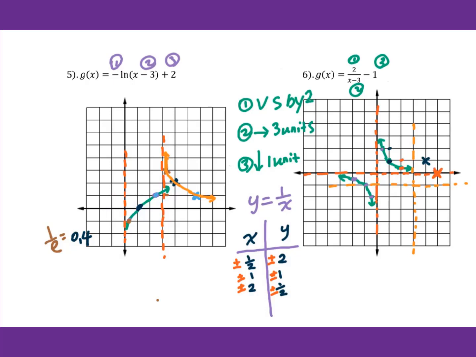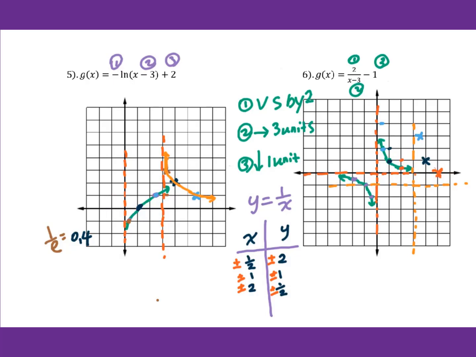Then this point, vertically stretch by a factor of 2, that's your y coordinate 2 multiplied by 2 is 4, go here. Then move to the right 3, 1, 2, 3, then go down 1, I go here.